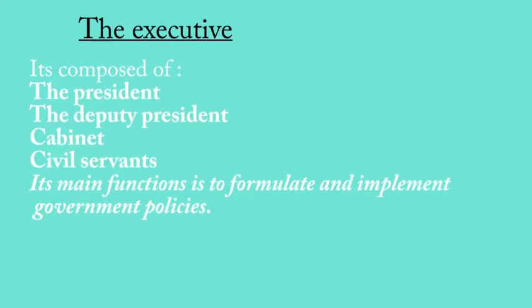Its main function is to formulate, amend and implement government policy. When the president talked about the curfew, it's not the president who went to implement. We have other organs that went to implement what the president said. So the president formulates, and later other civil servants go ahead and implement what the government has said.